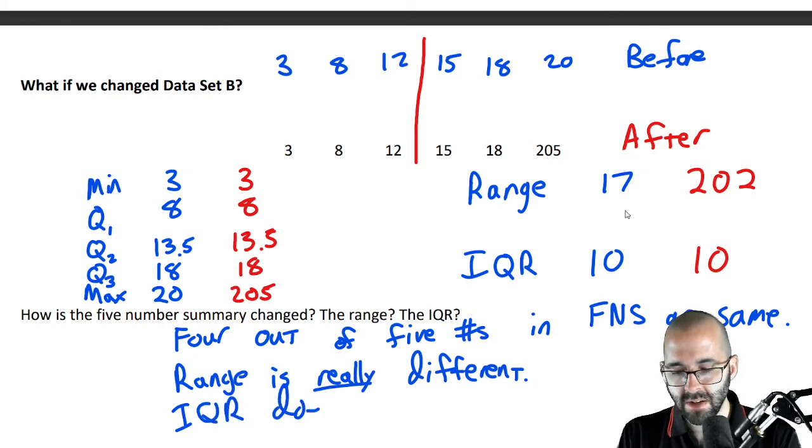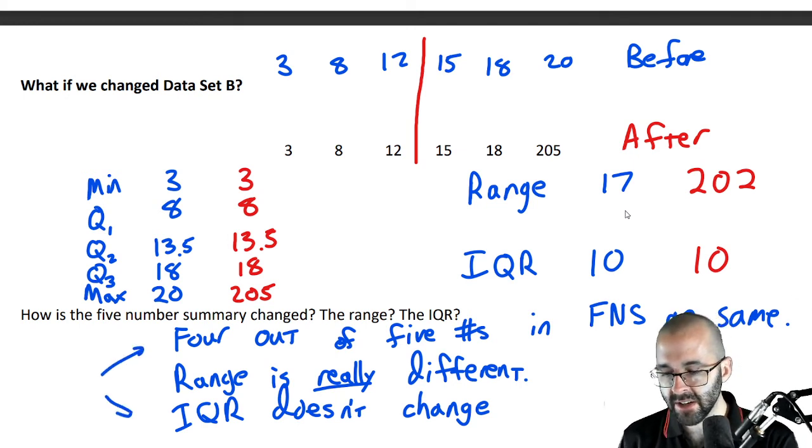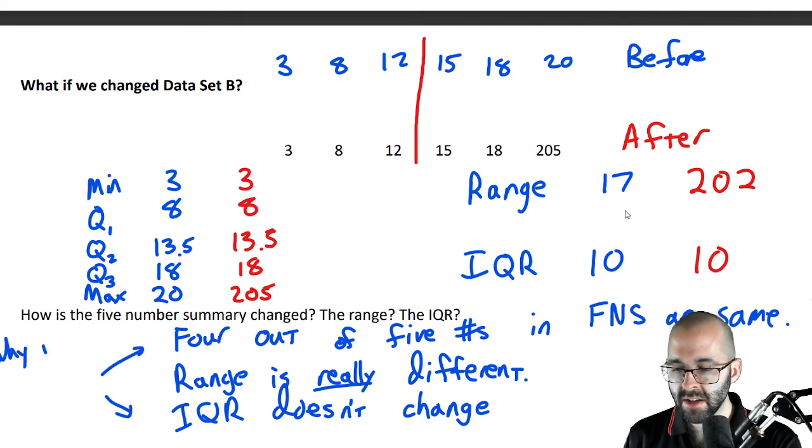Interesting. Which is why we talk about IQR with skewed data instead of standard deviation. We showed in the last video that standard deviation changed a ton with outliers, but IQR doesn't. So especially these two things right here, this is why we use medians and IQR, interquartile range, for skewed data.